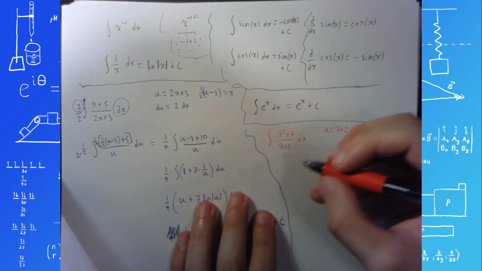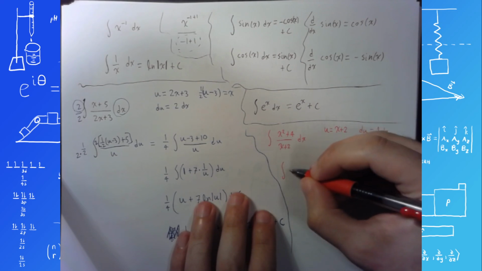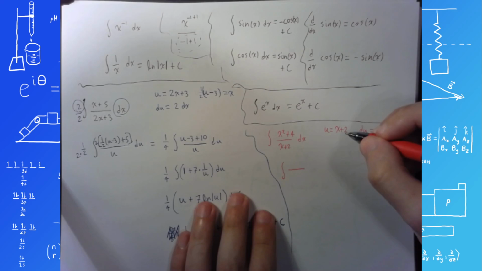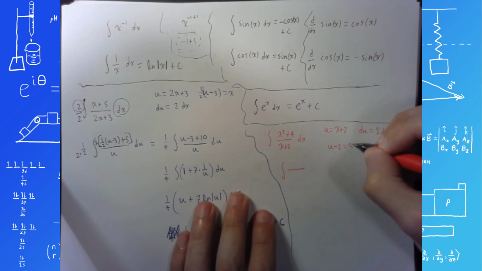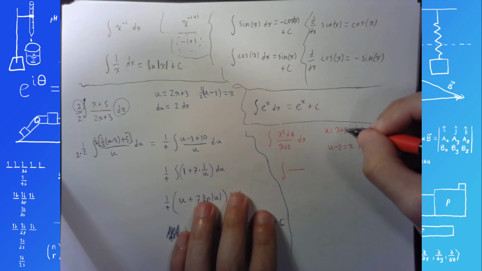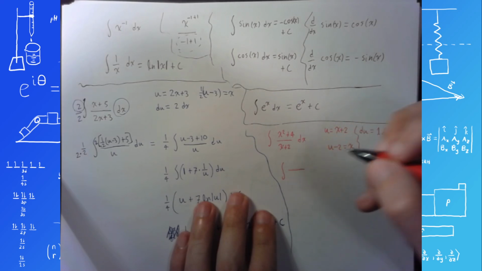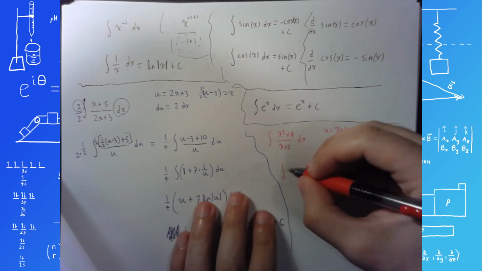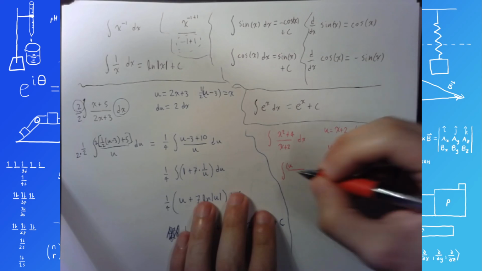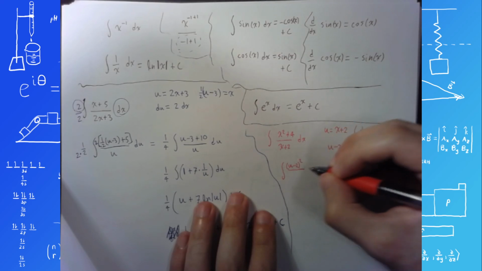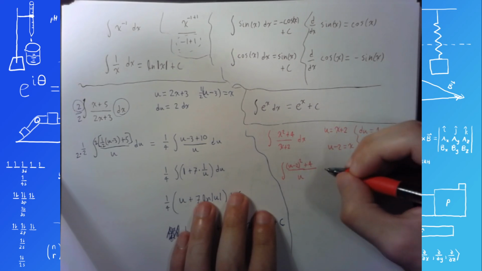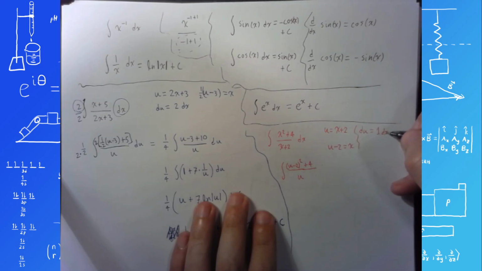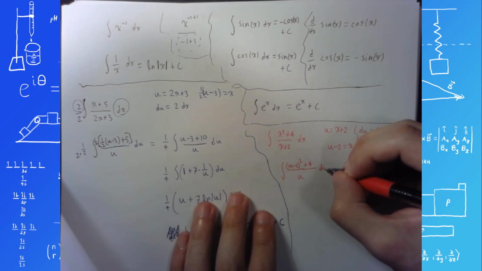Du is simply equal to dx, so that becomes the integral of, and I'm going to set up my back substitution, so x equals u minus 2, if I simply subtract 2 on both sides. So x squared becomes u minus 2 squared, plus 4, over x plus 2, which is just u, and dx becomes a du.